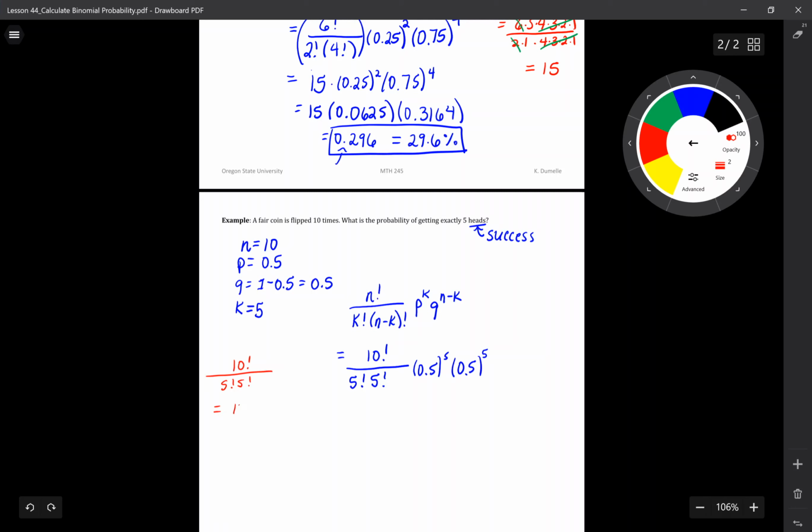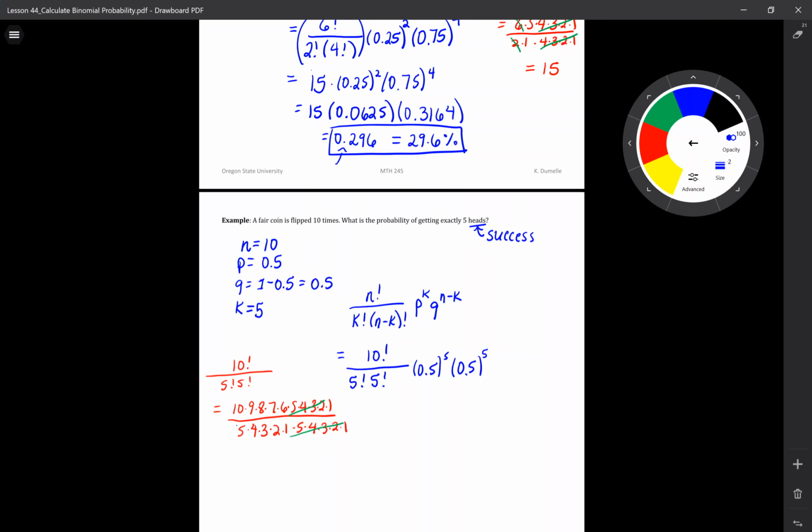Writing this out gives me 10 times 9 times 8 times 7 times 6, 5, 4, 3, 2, 1. And on the bottom I have 5 times 4 times 3 times 2 times 1, and again. So one of my 5, 4, 3, 2, 1s will cancel, and then I should be able to cancel some other stuff out as well.